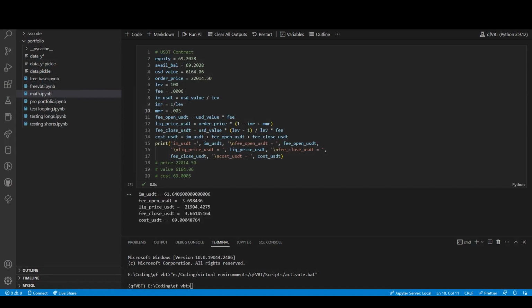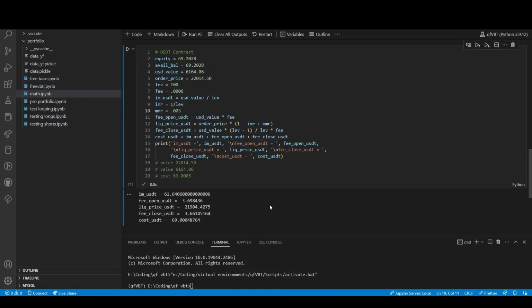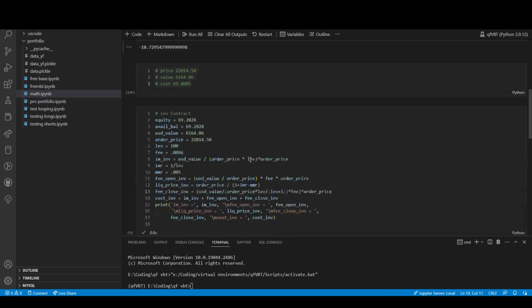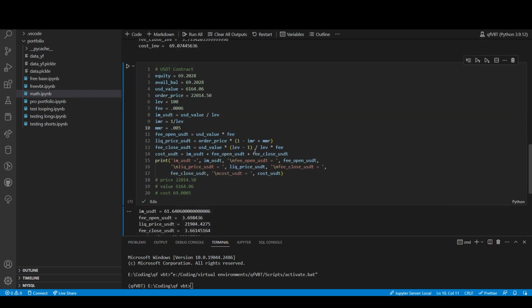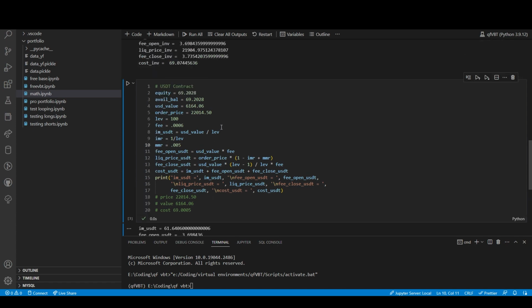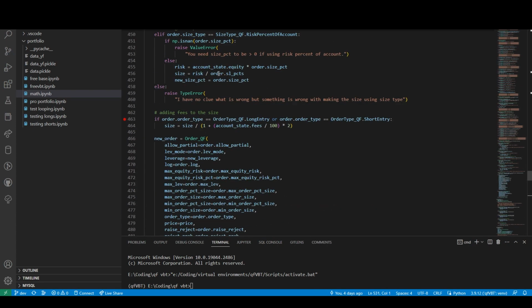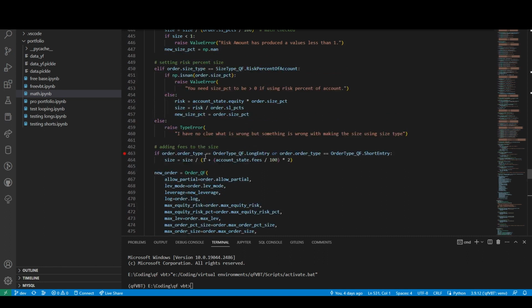Okay, so we've got this. So this all works. And I don't know how I am going to apply this to this part right here.